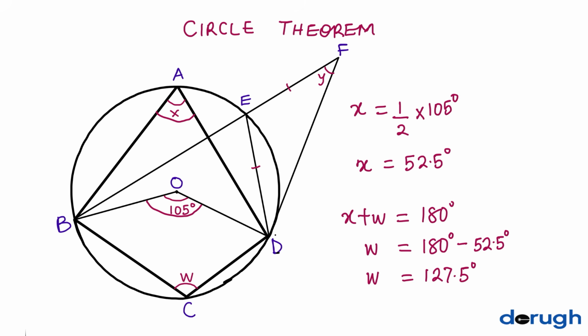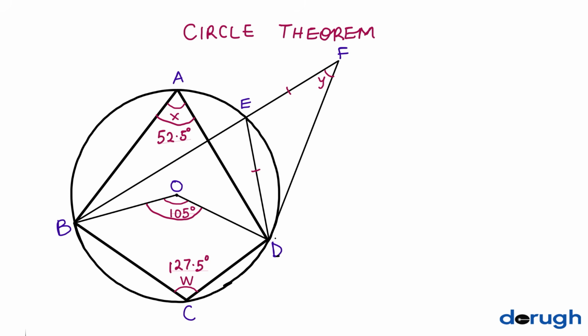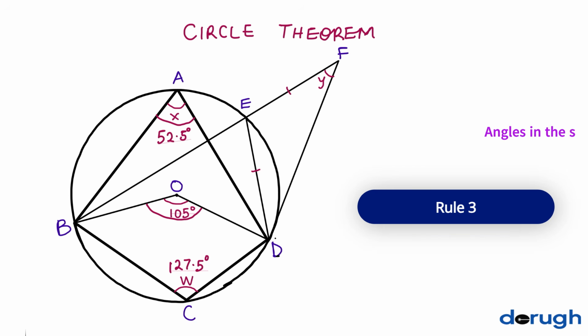Now the third unknown that we have is y. Even though y is outside the circle, it still has a lot of relationship with some elements in the circle. To find our y, we're going to apply two theorems. The first of them is that angles in the same segment are equal.